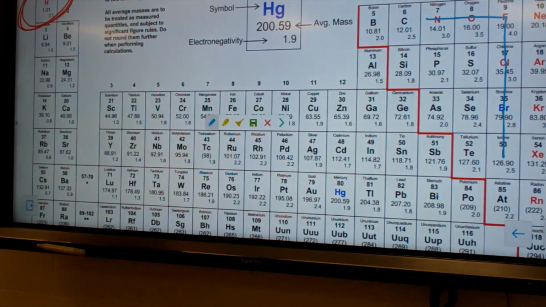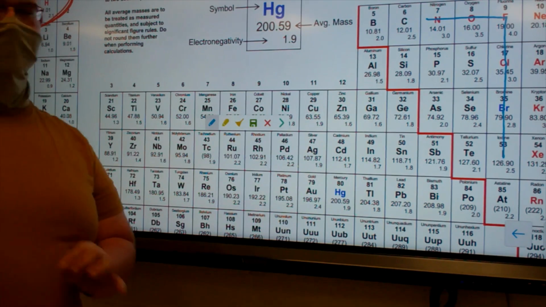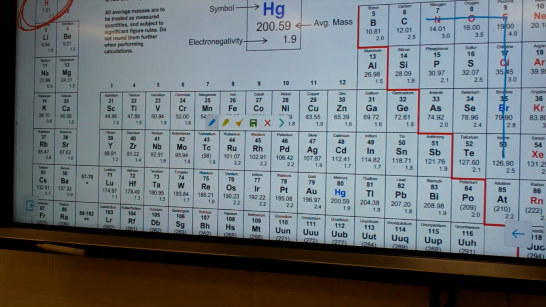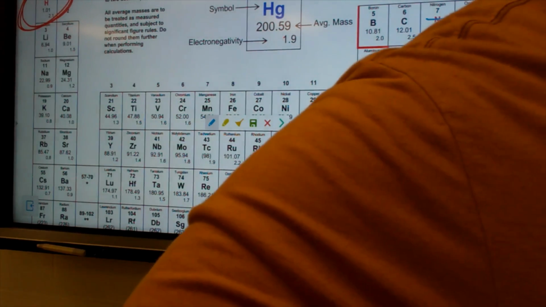There are the 7 diatomics. That is the simplest way to memorize them. And I give that to you, why? Because on your quiz you will always be given a periodic table. Except for the element quiz, because that's kind of like giving you answers, and that's dumb. So there's a little trick.